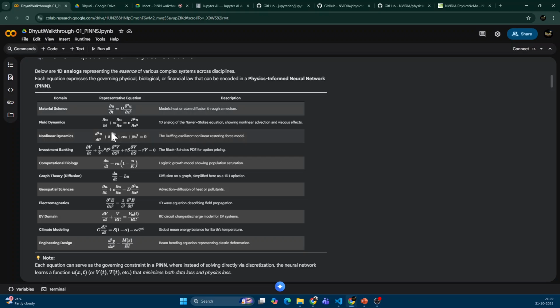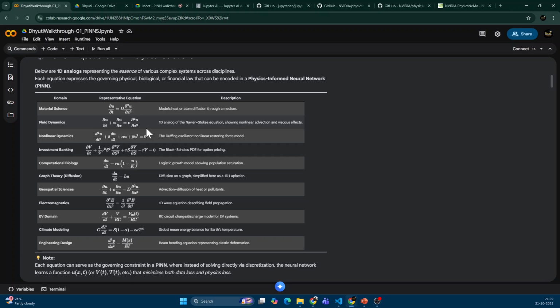For nonlinear dynamics, a very classical example is the Duffing oscillator, which is basically a simplification of a largely oscillating pendulum. In investment banking, if you have option pricing to determine, you have the Black-Scholes equation. Then computational biology: how do you model population growth and its saturation? Then you have graph theory: how do you show diffusion on a graph?